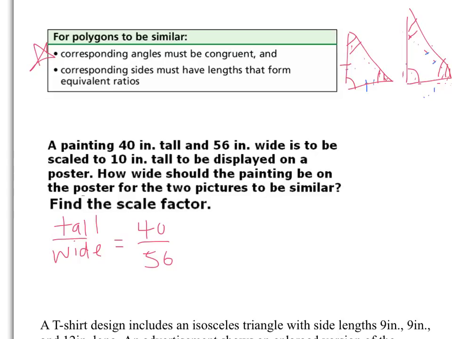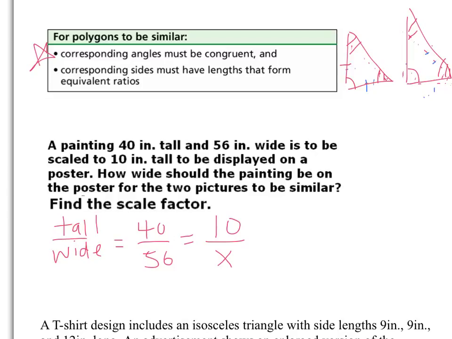Then it says it is to be scaled to 10 inches tall, so for tall, I'm going to put 10. How wide should the painting be? We don't know the width, so we're going to put a variable x, or any variable you'd like. How wide would the painting be on the poster for the two pictures to be similar? And then find the scale factor.